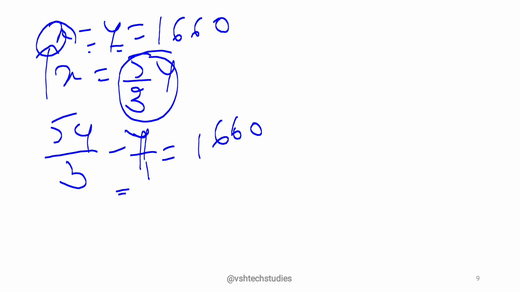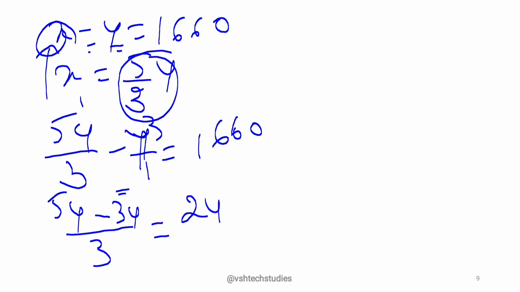For these two, taking LCM as 3: 3 ones are 3, 1 into 5y is 5y, minus, 1 3s are 3, into y is 3y, that is equal to 1660. So 5y minus 3y is 2y upon 3 as it is, equal to 1660.